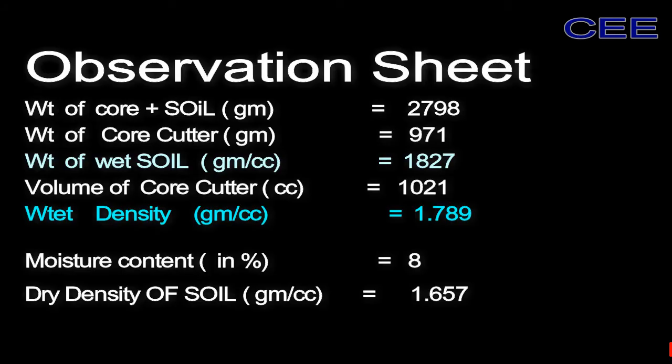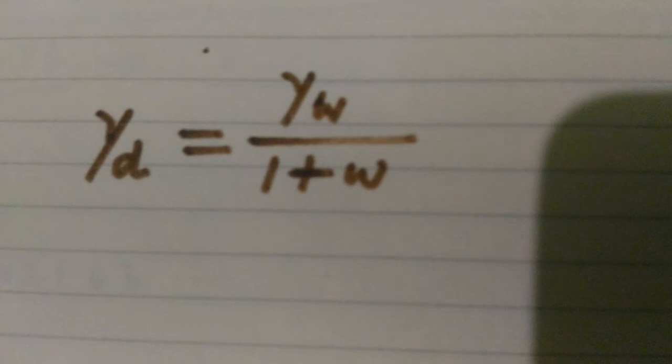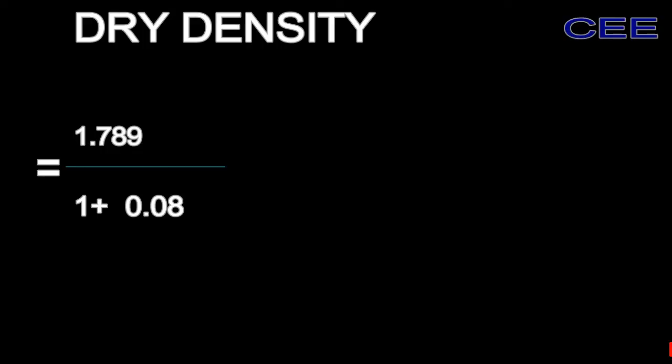Now we calculate dry density. The dry density formula is gamma D is equal to gamma W divided by 1 plus water content. In this, water content will be in percentage, where gamma W is equal to the wet density of the soil, that is 1.789, divided by 1 plus 0.08, 8% of water content.